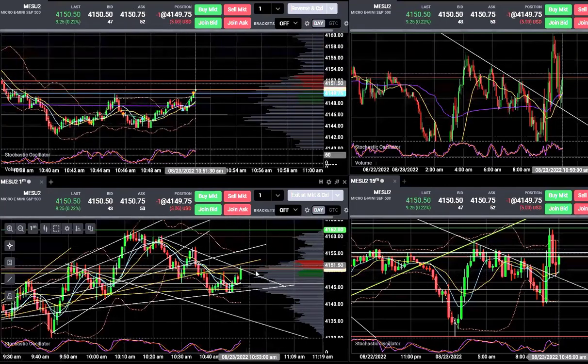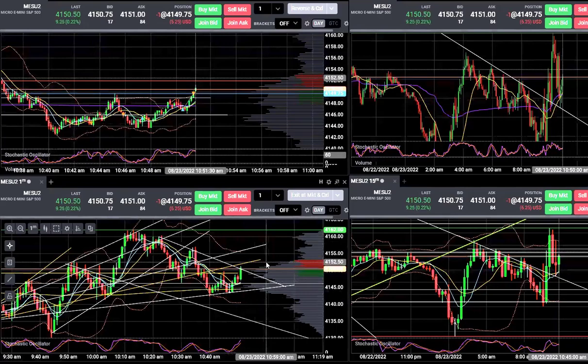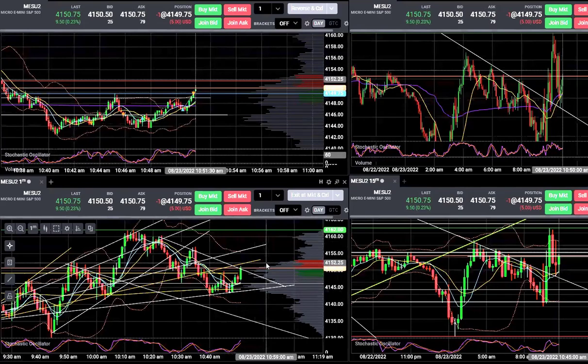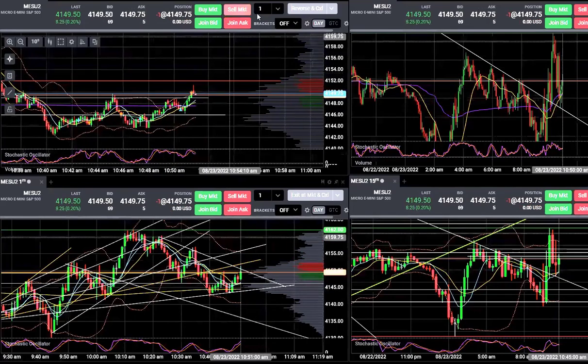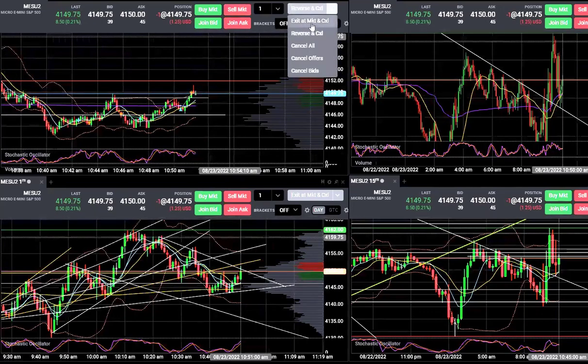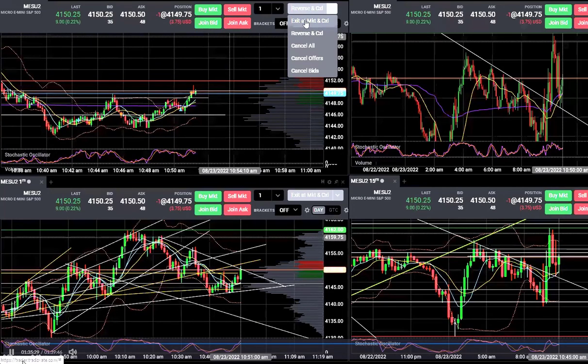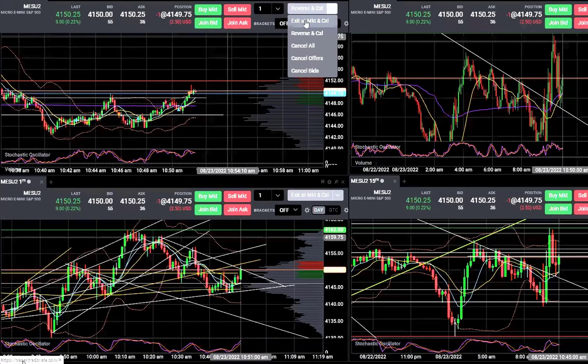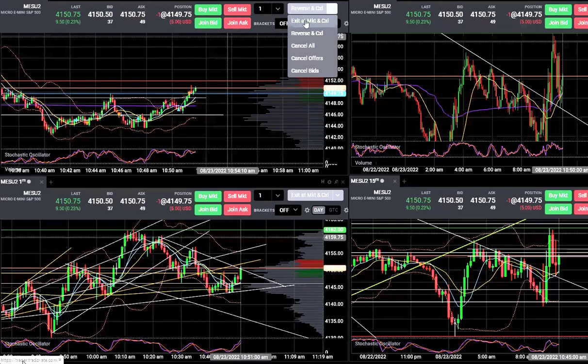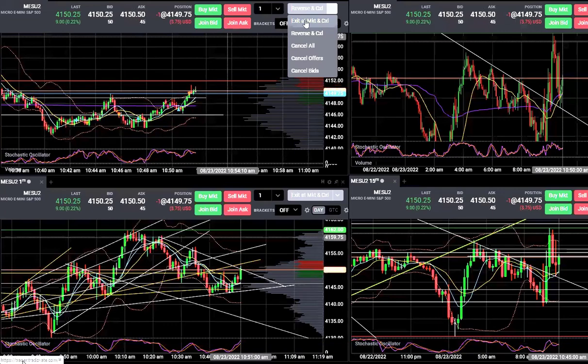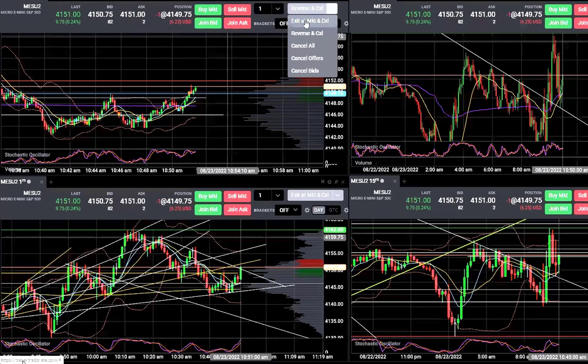This is the third attempt on that angular resistance, though, so a break above can eat me pretty quick. So I'll always be ready to jump out of that. And if we break the wick of that previous high, I am out.